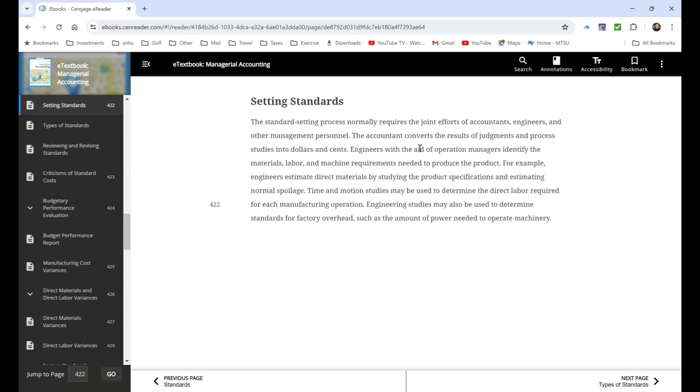And so they will determine, okay, here's how much the parts should cost. And then you have engineers, and they review and come up with how much it takes to make a car. The production manager is responsible for that. The production manager is also responsible for the amount of overhead they're going to need. And again, this is all based on setting a certain production budget.